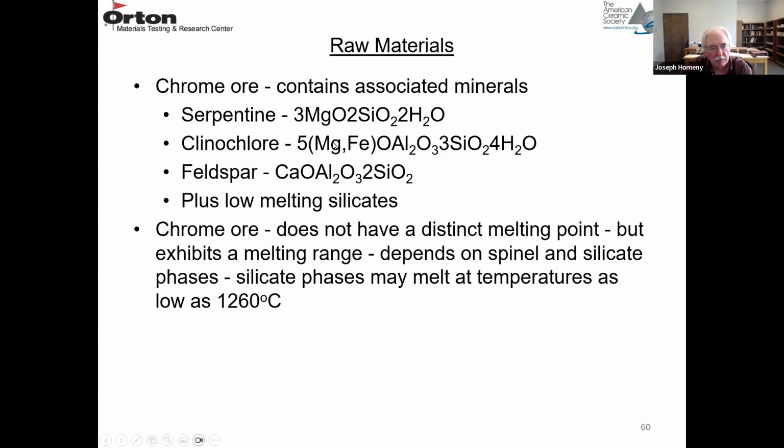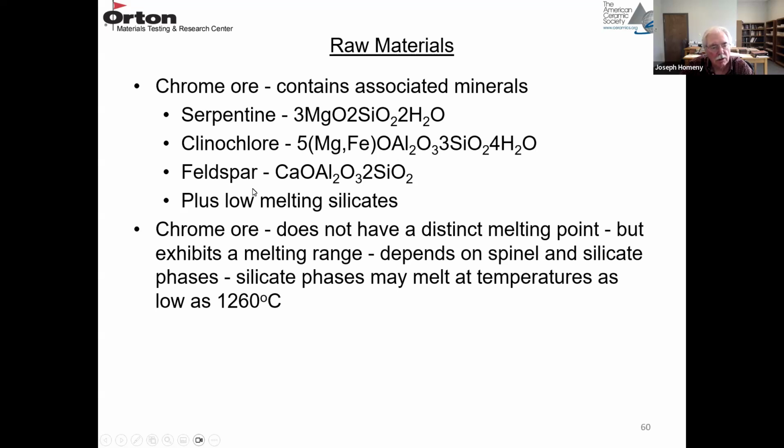So these are substituting for each other: Mg and Fe. Al2O3, 3SiO2, and then 4H2O. And then the feldspar, this is a calcium-based feldspar, CaO, Al2O3, 2SiO2. So these are minerals that are commonly found in chrome ore. Plus, there's a lot of low-melting glassy silicates.